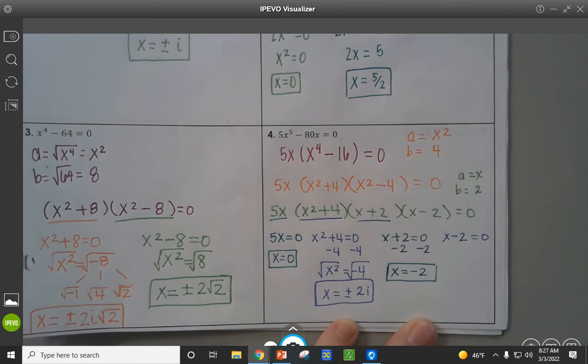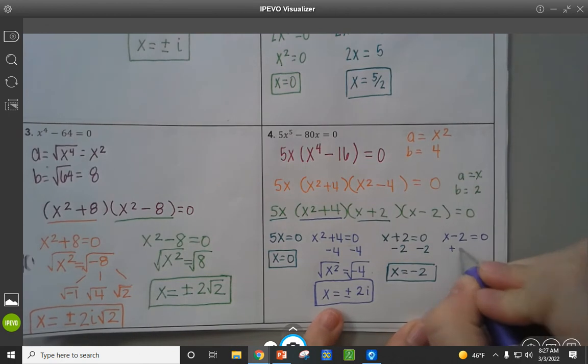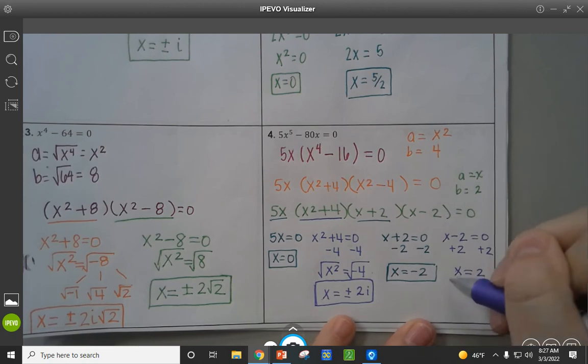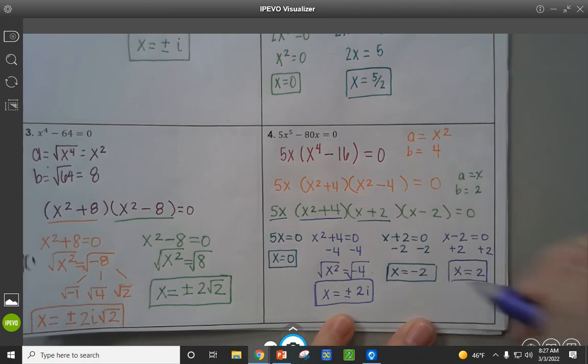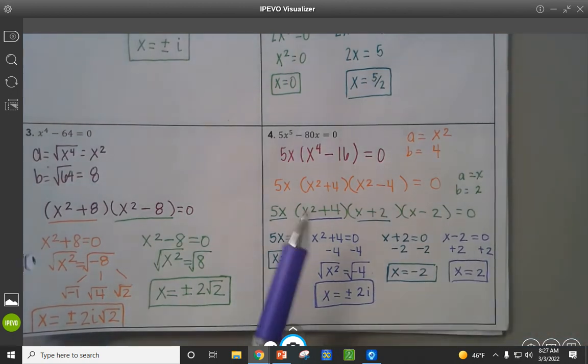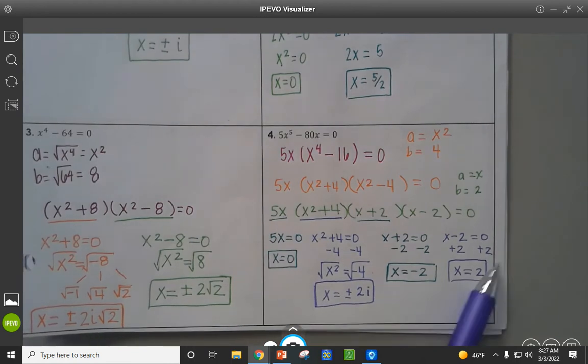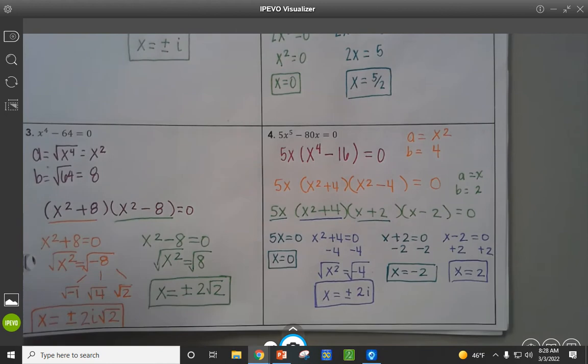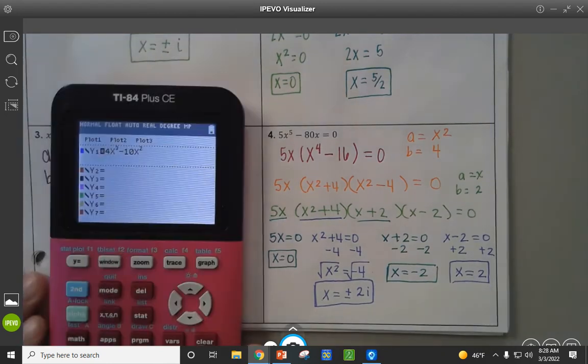And then we have x minus 2 equals 0. So we'll add 2. So this one has 3 x-intercepts that we'll actually see. The other 2 are imaginary.